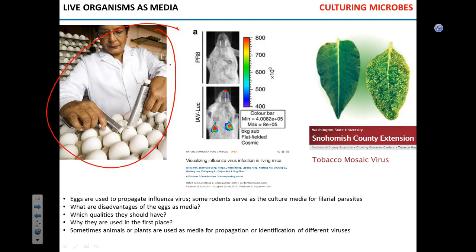First of all, as you can imagine, eggs that are used for the virus propagation have to be so-called SPF, specific pathogen free, right? Meaning that you can't have salmonella in those eggs or any other zoonotic infection associated with poultry.